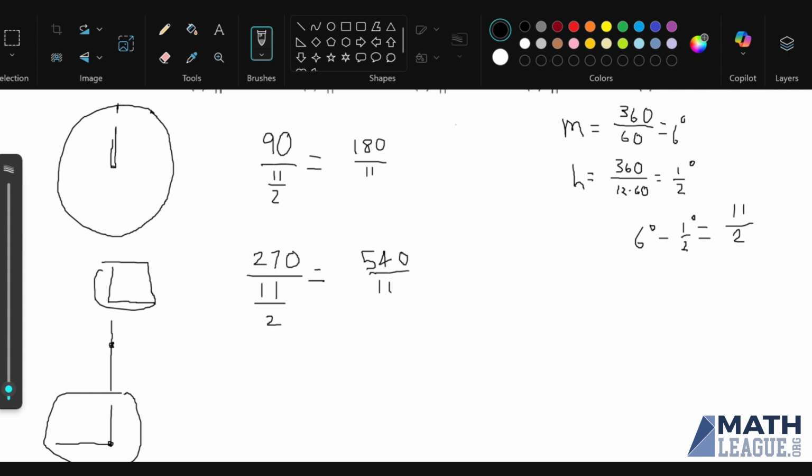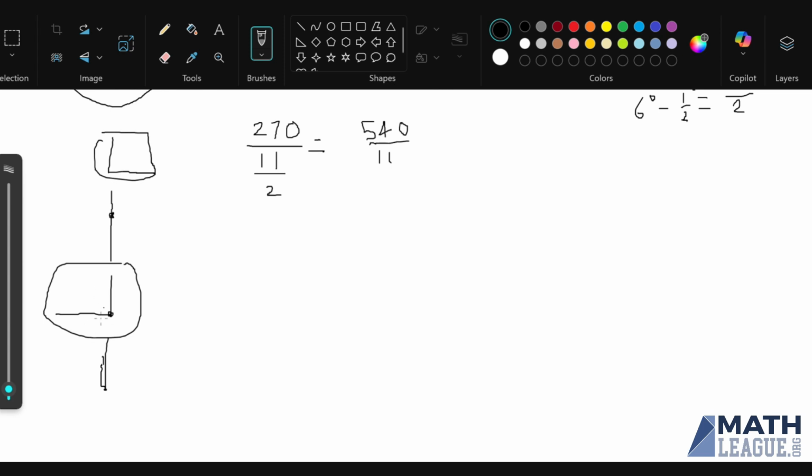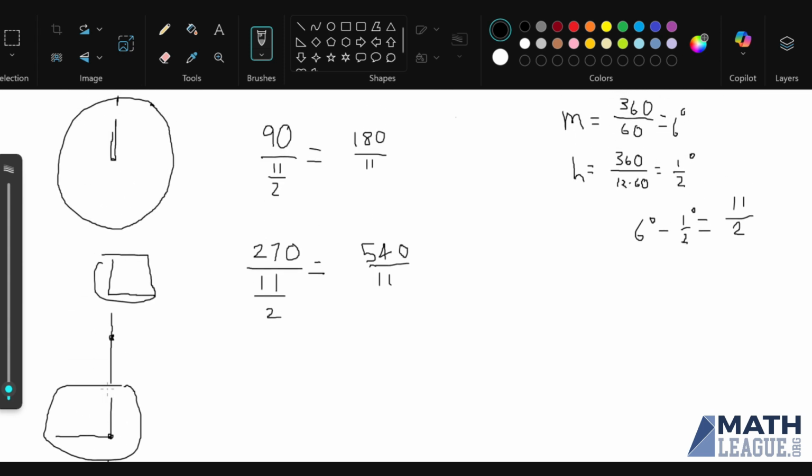Similarly, we don't care about transitioning from this quadrant to this quadrant, so we can skip over 360 over 11 over 2, but then we do care about our next interval, which is 450 over 11 over 2, which comes out to 900 over 11.